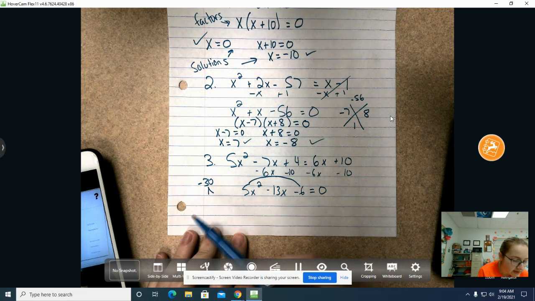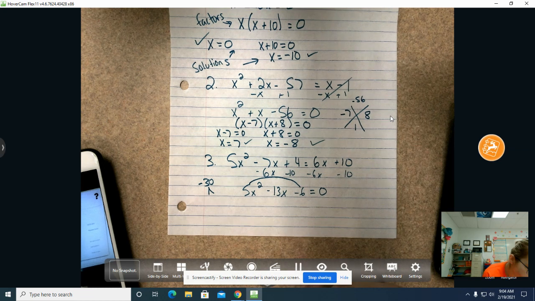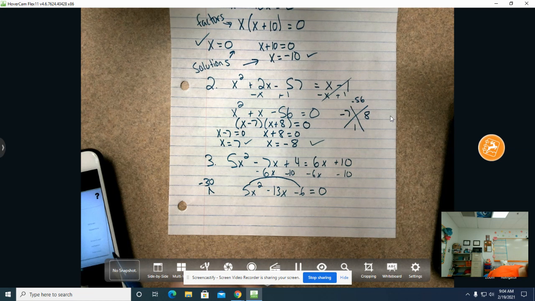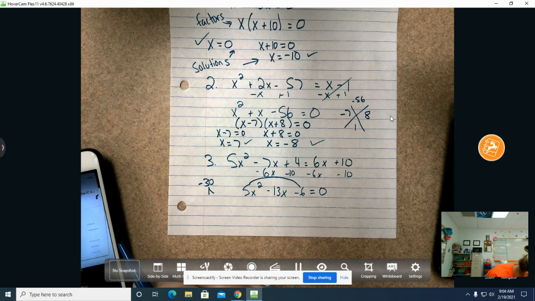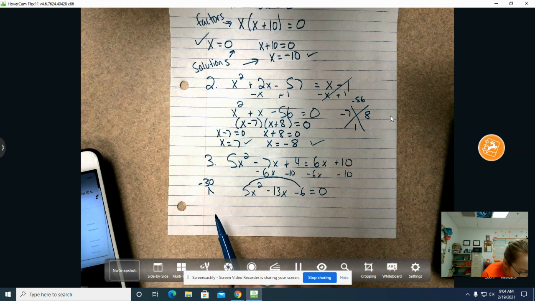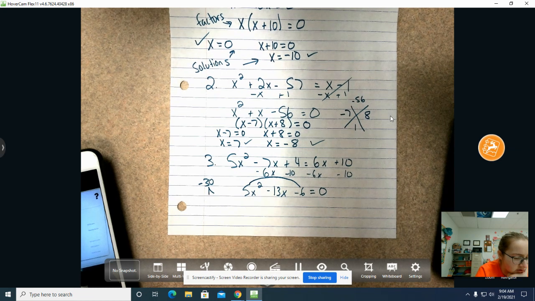And what are two things that multiply together to be negative 30, but add to be a negative 13? Let's see. Why is Miss Morgan blanking on her factors of 30? We're going to have negative 10 and 3, but that's not going to give me negative 13.